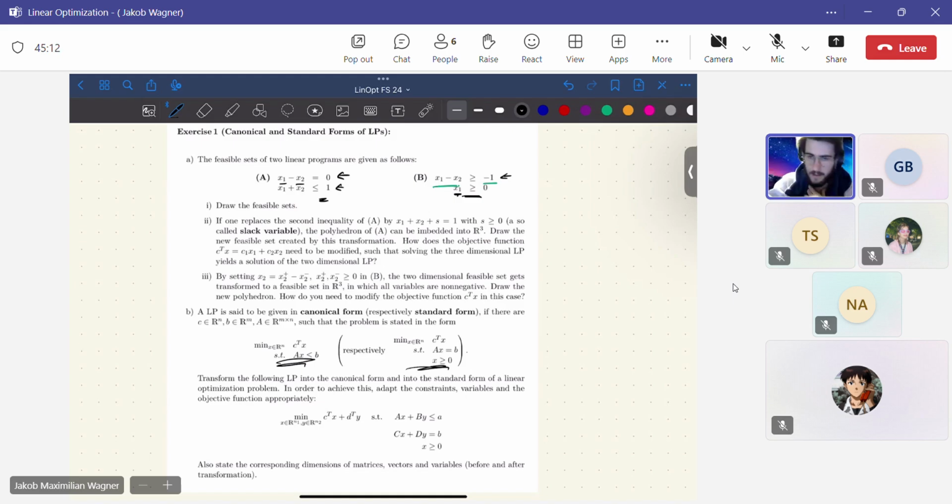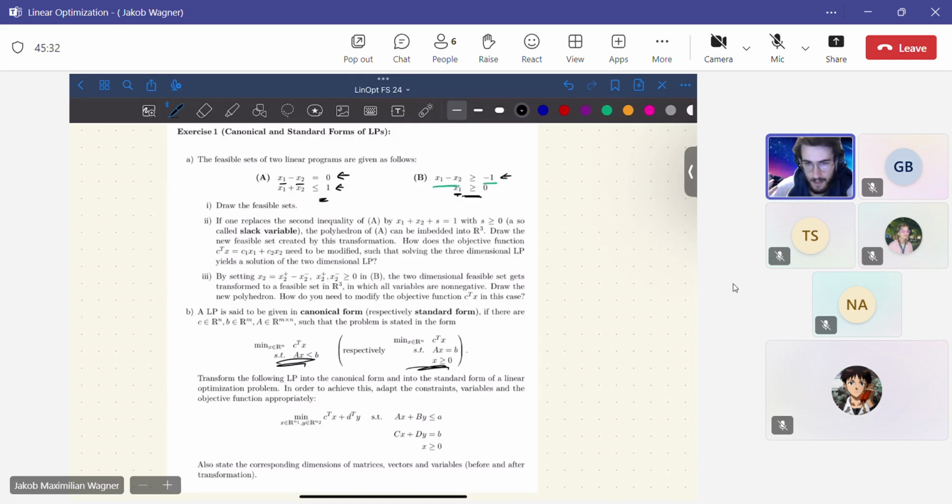So somehow you always have both forms at the same time, one for the one problem and then the other form for the dual problem to this. This is why it's somehow natural to work with both of those.